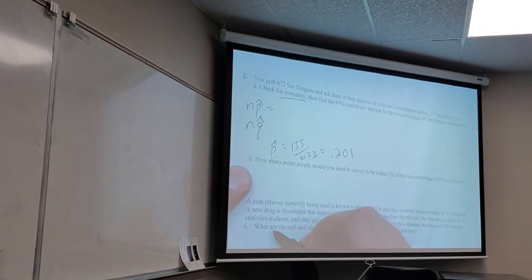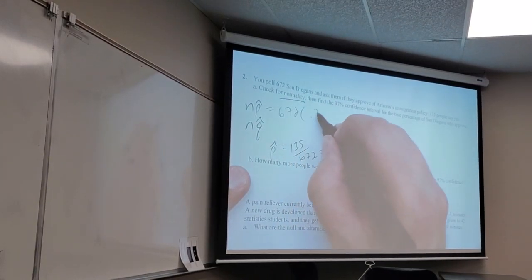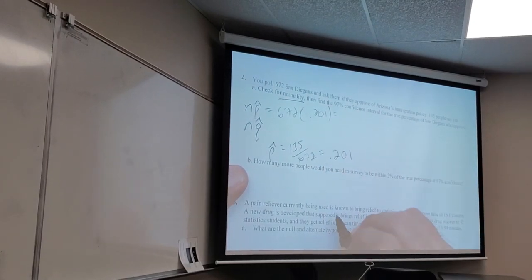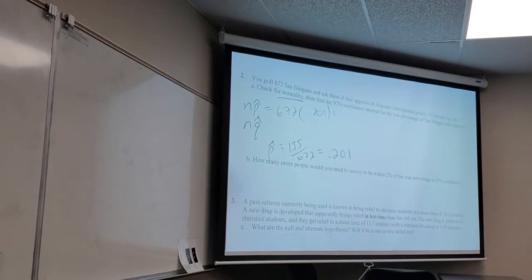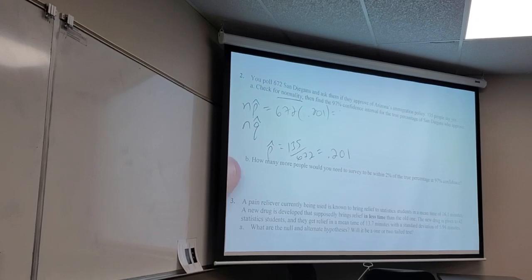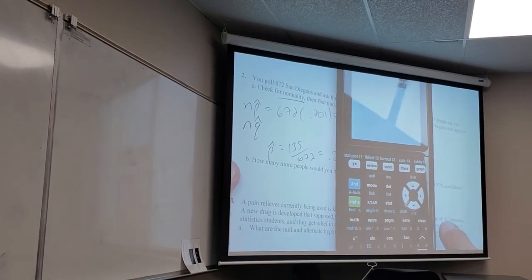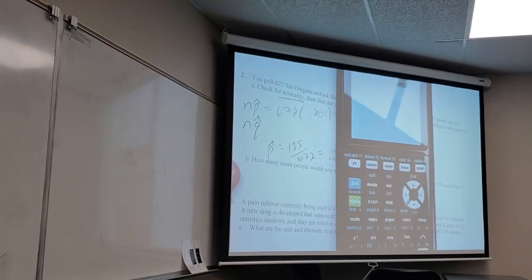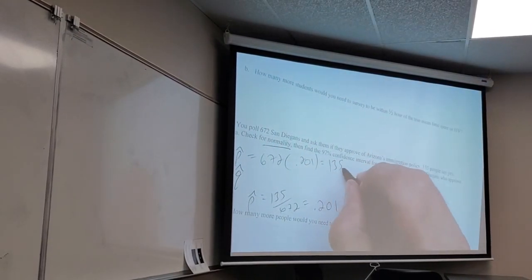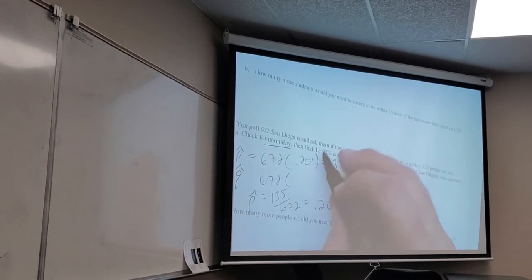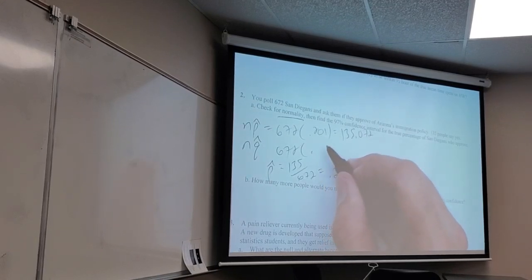So then what's n times p hat? What's n? 672. So 672 times 0.201, that'll be a little bit more than 135. 672 times, what's q hat? 0.799.